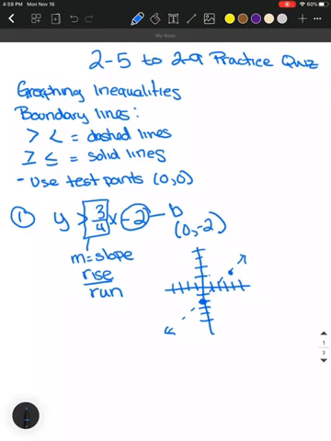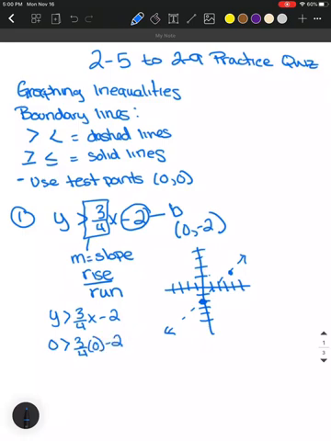So what we have to do is determine where we're shading. We're going to use the test point 0, 0, and plug it into our inequality. So we have y is greater than 3 over 4x minus 2, with 0 for y and 0 for x.